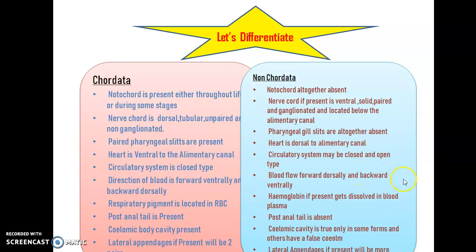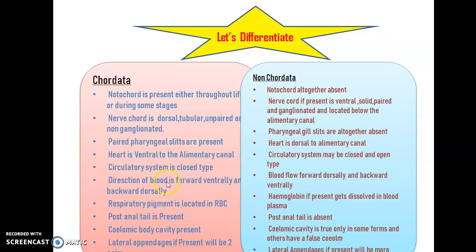In the case of echinoderms, you can see that it is somewhat closed, while in the case of arthropods, you can see that the circulatory system is open. Open in the sense that the blood flows through open spaces, which are called sinuses and lacunae.